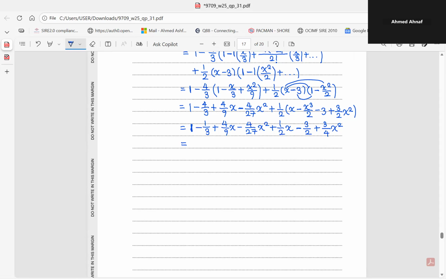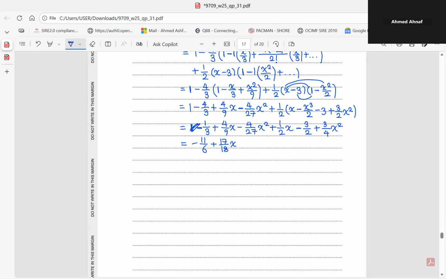Now let's just collect all the like terms together. So we have 1 minus 1/3. Wait, no, no, just minus 1/3, sorry. Minus 1/3 minus 3/2, you get minus 11/6. And for the x terms, you get 4/9 x plus half x, you get plus 17/18 x.